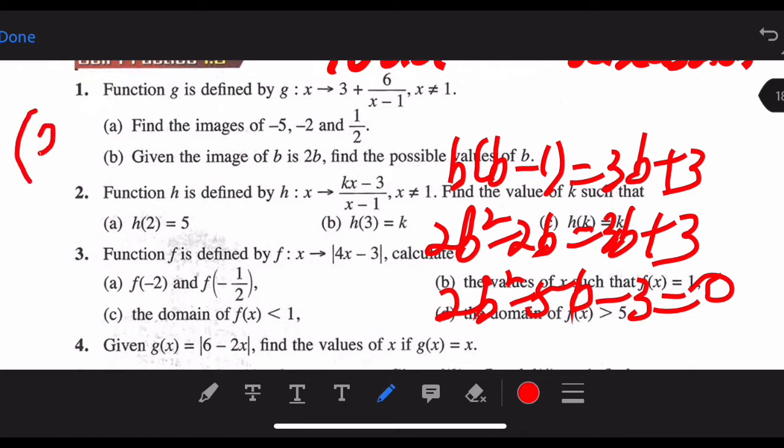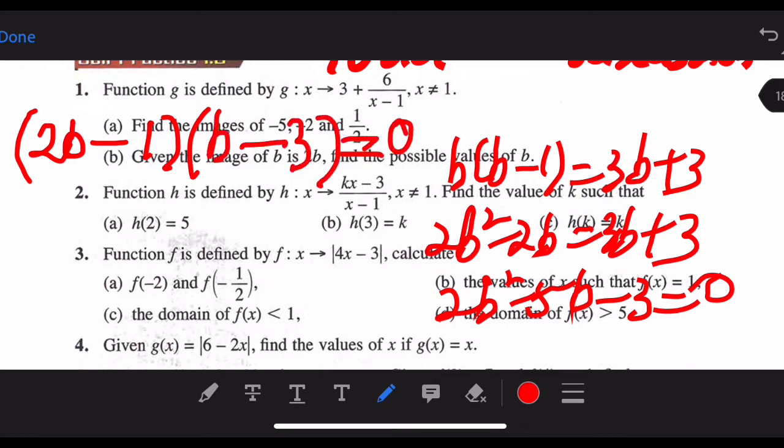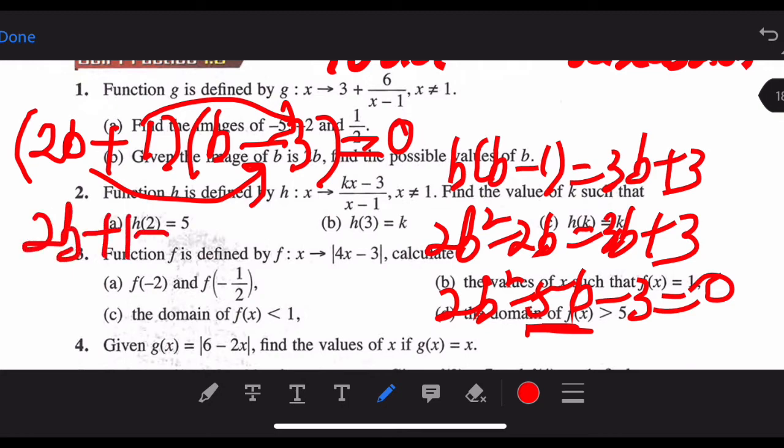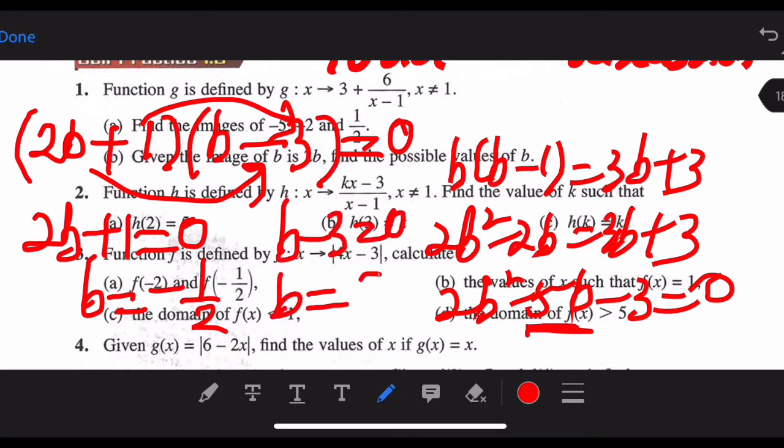I'm sure you know how. (2b plus 1)(b minus 3) equal to 0. Let me check: here is negative 5b, so negative 6b plus 1b, and when you multiply you get negative 3. That means 2b plus 1 equal to 0, so b is negative 1 over 2. And b minus 3 is 0, so b is equal to 3. So these are the answers for this one.